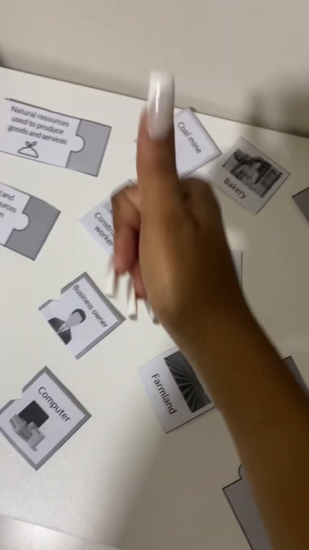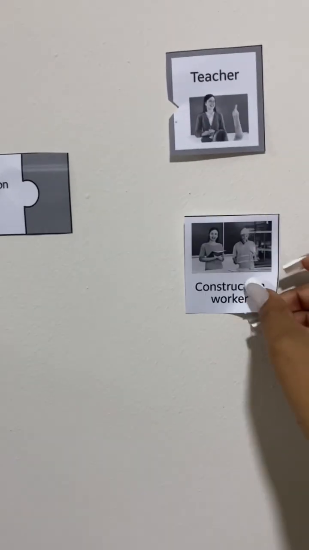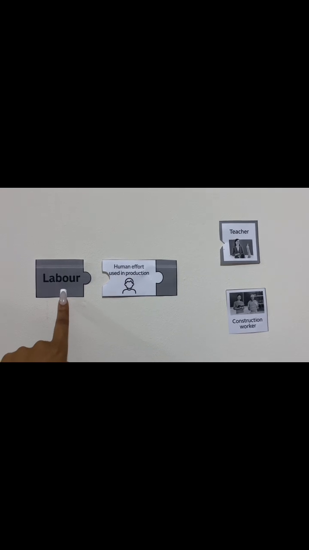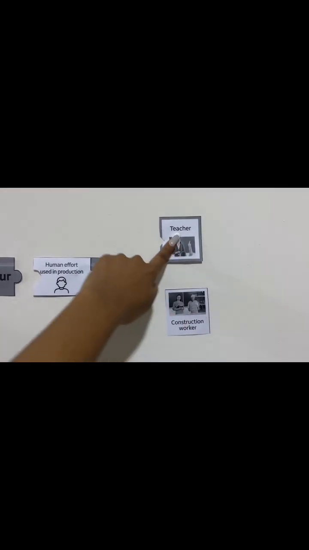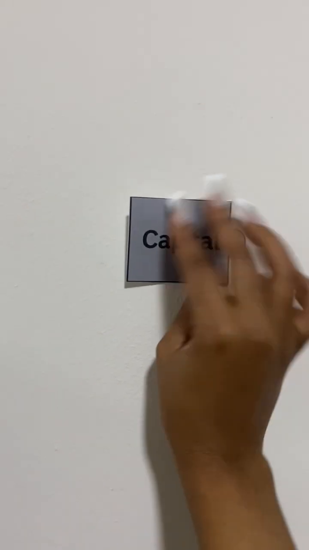Is it factory? No. Is it a computer? No. Construction worker, correct, because this person also works, right? So this is the factor of production, which is labor. So it's labor, which is human effort, and the examples are a teacher as well as construction worker.